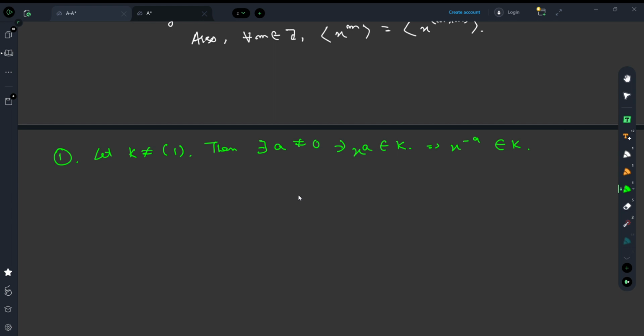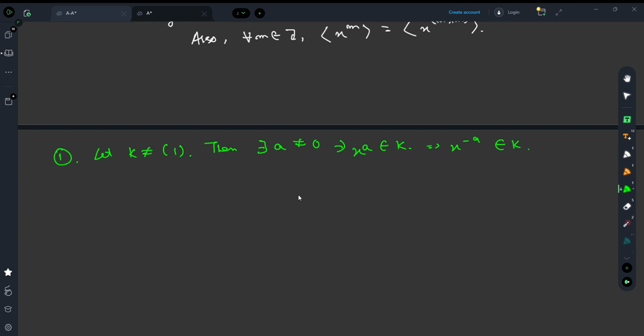If x to the power a is in K, then the inverse of x to the power a, which is exactly equal to x to the power minus a, is also in K. Now, what procedure can you think of to show that we can consider some smallest element of the form x to the power d which is in K, provided there is some positive integer a such that x to the power a is in K?